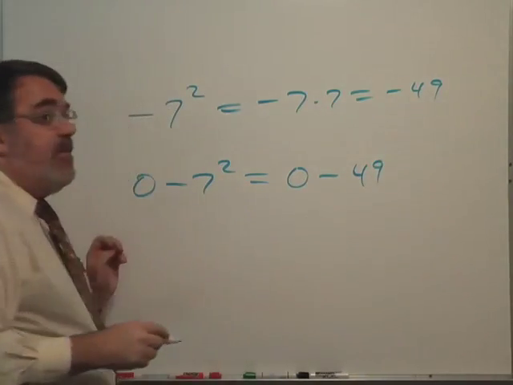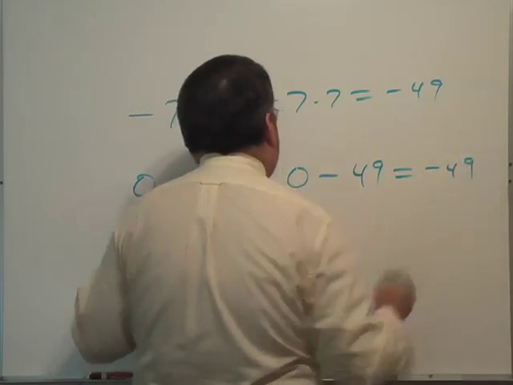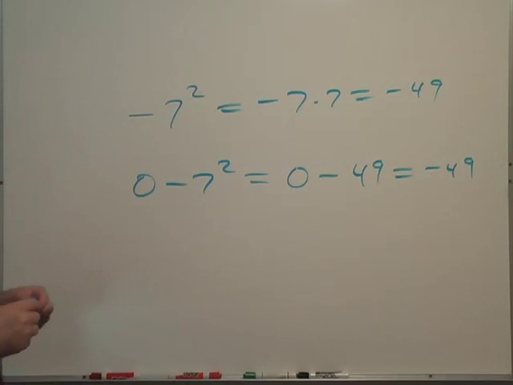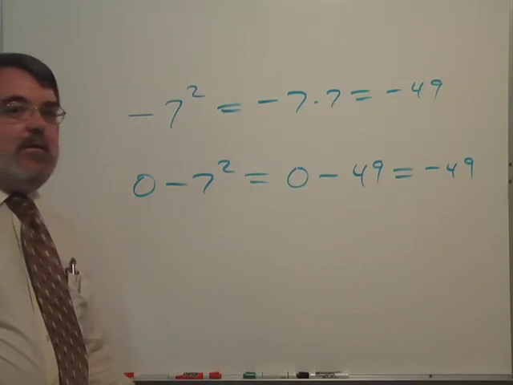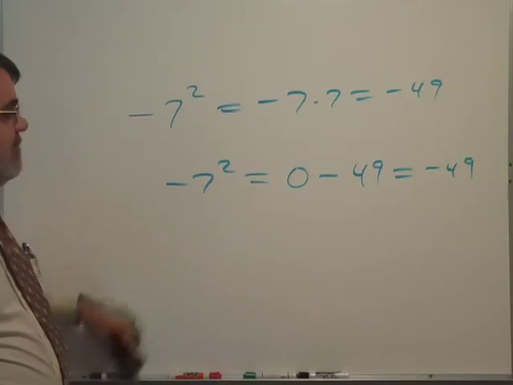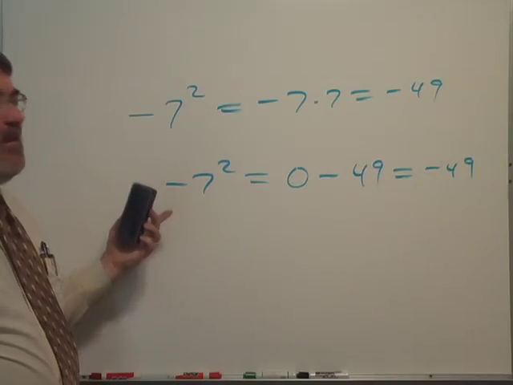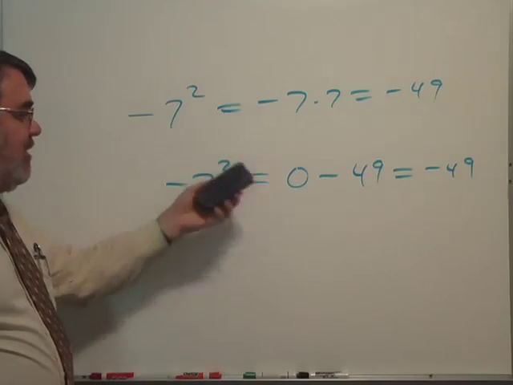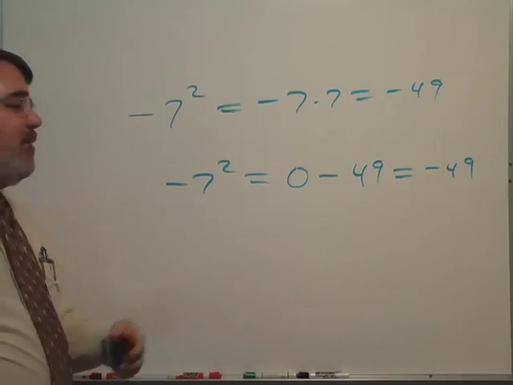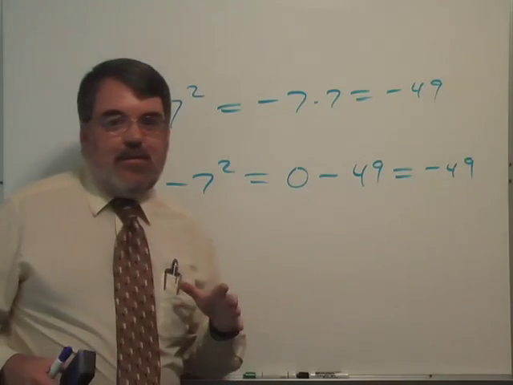And then we subtract from 0. 0 minus 49 is negative 49. Well, if I were to subtract 0 from both sides of this equation, it wouldn't change the problem, would it? Subtracting 0 doesn't change anything. I could just erase it. Negative 7 squared is negative 49. So this is true because of the order of operations.